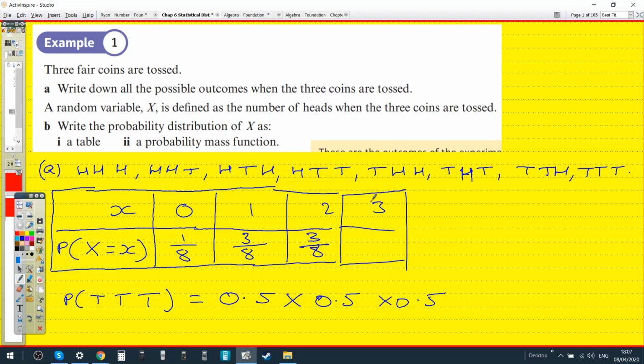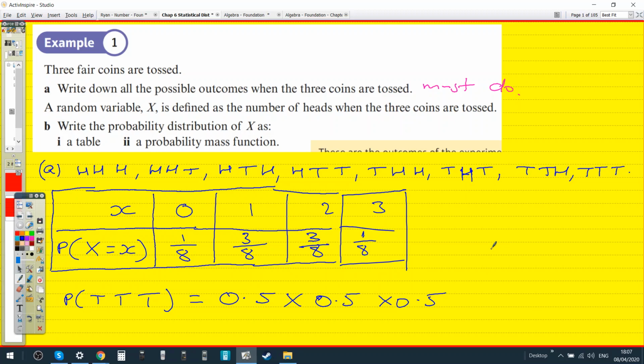Probability of getting all 3 heads? 1/8. What did you all add up to? 1. Yes. And so that is your probability distribution table. Any questions about that?